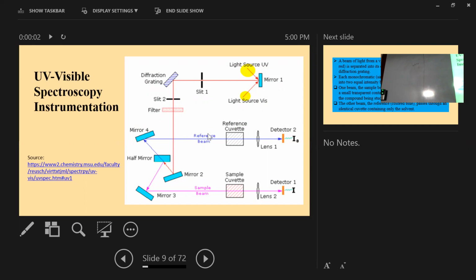So this is the cell, and here we have the cell length.